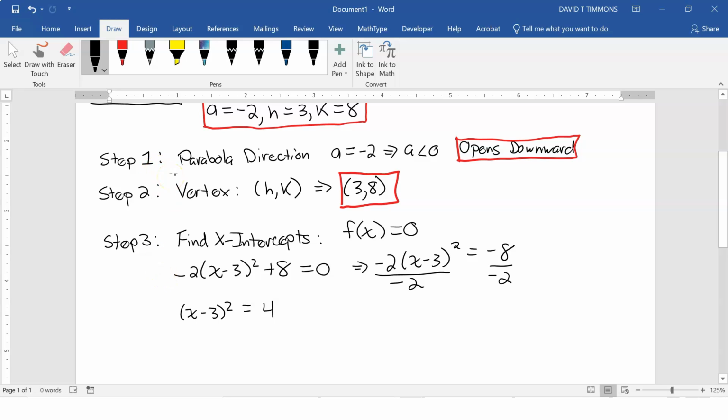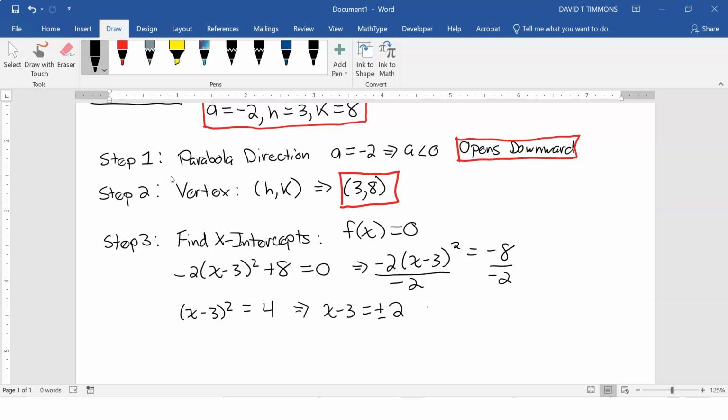When we do that, we will get this. x minus 3 equals plus or minus the square root of 4, which of course will be plus or minus 2. Don't forget those plus or minus roots with your square root property.